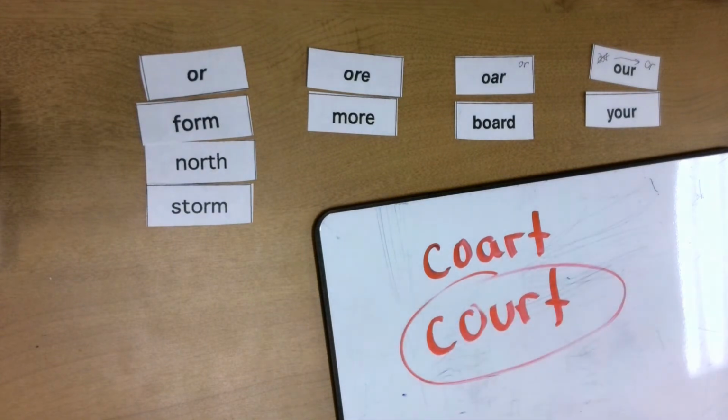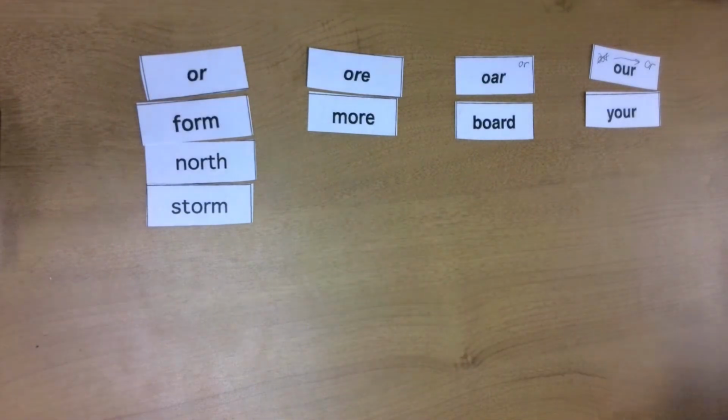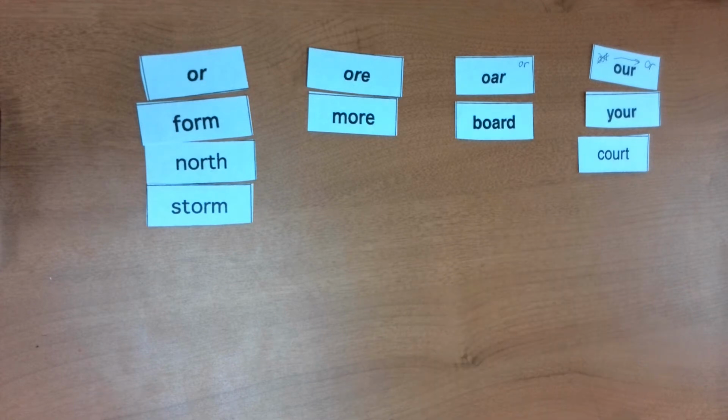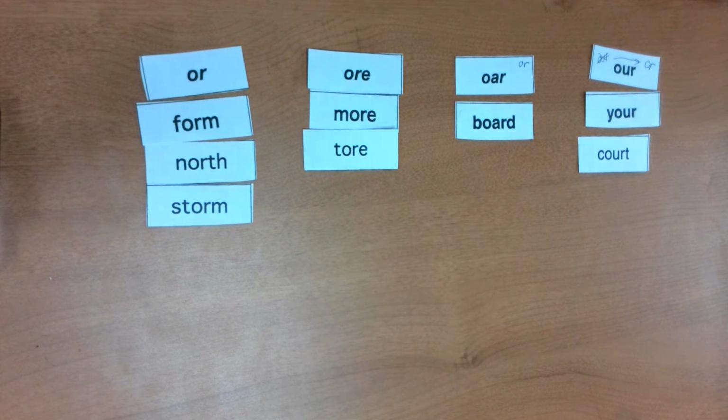You're thinking this one, you've got it, right? Like a basketball court. My next word is tore. I tore a hole. Tore, or. This one is a silent E spelling right here.